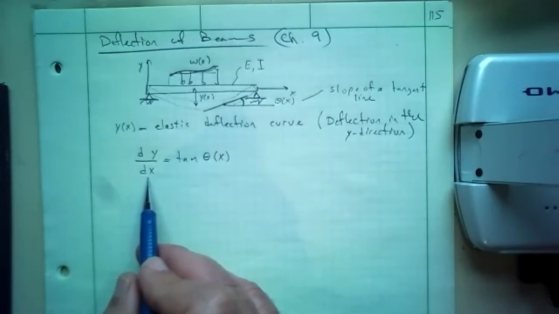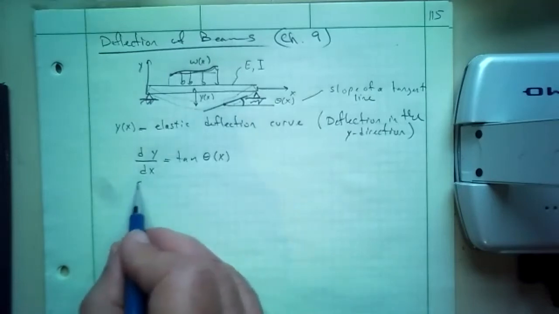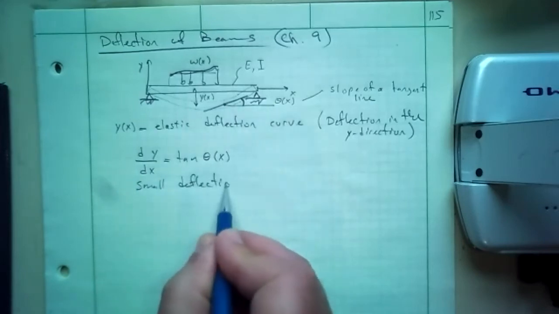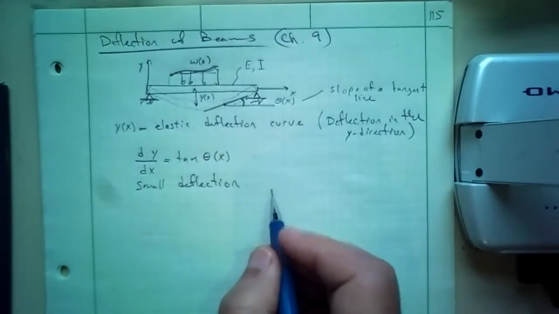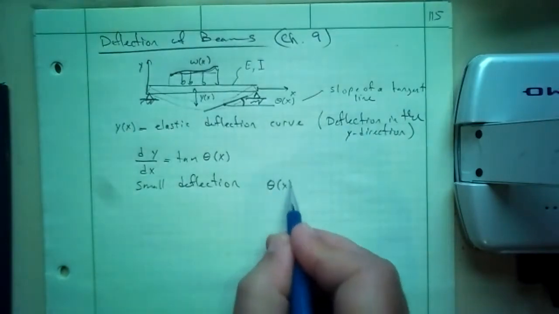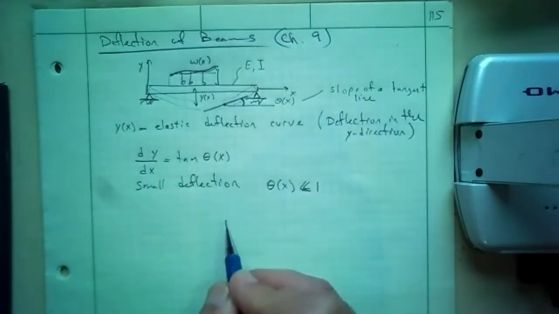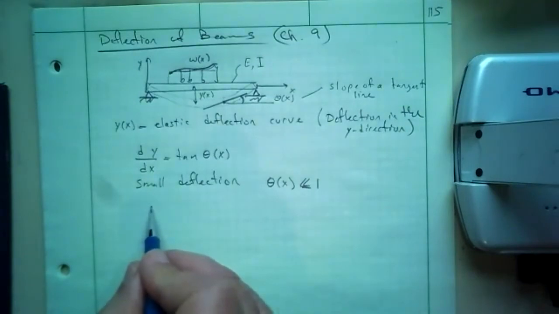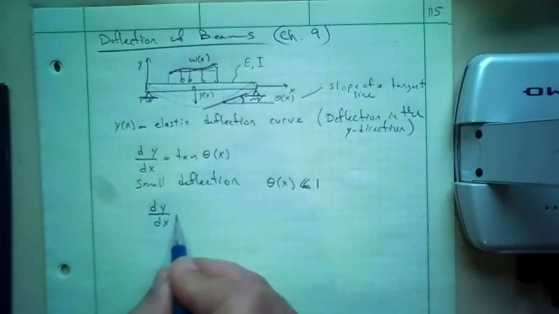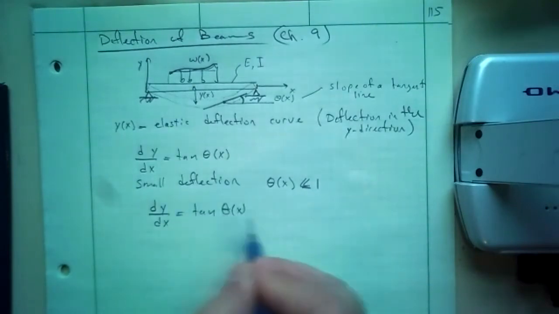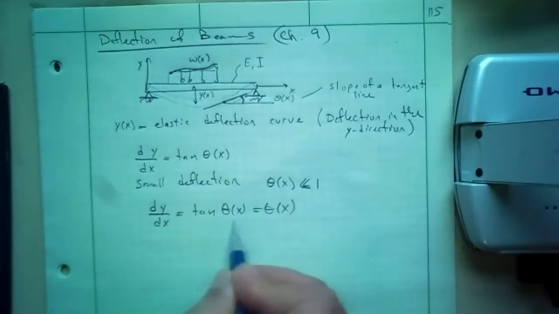For small deflections, the angle itself is very, very small, and the tangent of a small angle, tangent of theta x, will be simply theta x.